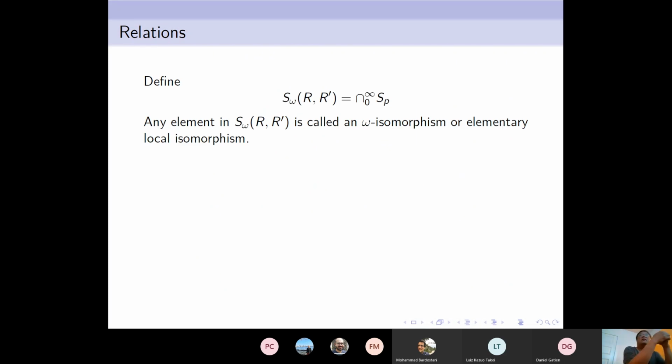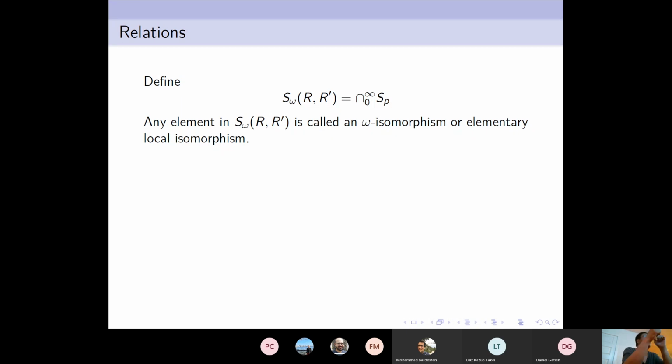So when we do the intersection of all these local isomorphisms, we get a new set S omega. An element in this S omega is called an omega isomorphism or elementary local isomorphism. This is a very important concept in model theory, because this will give us the local global principle.